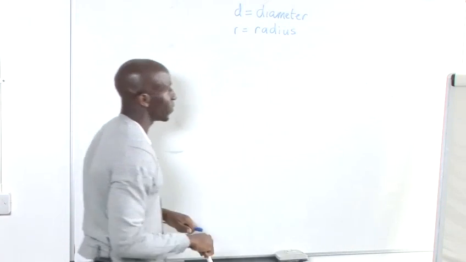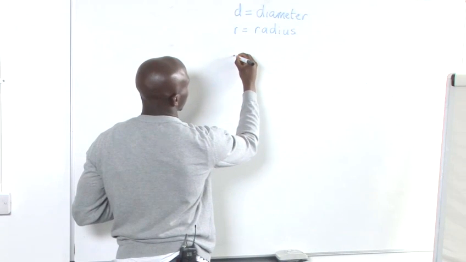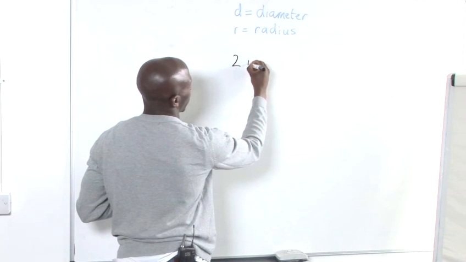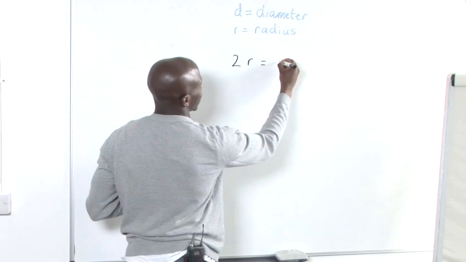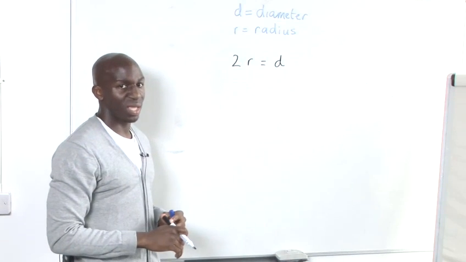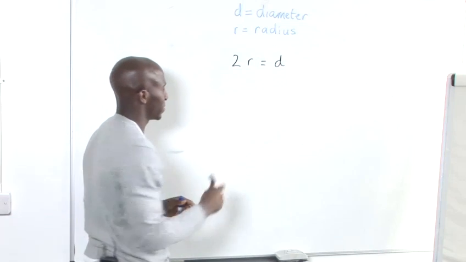So we know that the radius times 2 provides the diameter. So 2r equals d. So imagine if we had a circle that measured 3 centimeters for its radius.